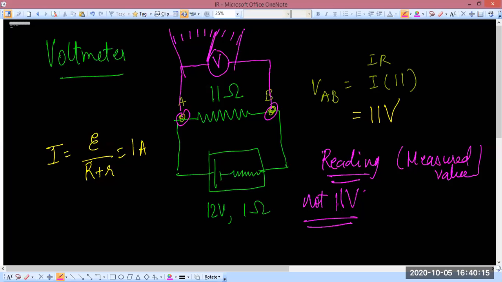The reason is that whenever you connect anything in parallel like this, it has some resistance of its own. Suppose the resistance of this voltmeter you are using is, let's say, 10,000 ohm. This is called a good voltmeter, 10,000 ohm.